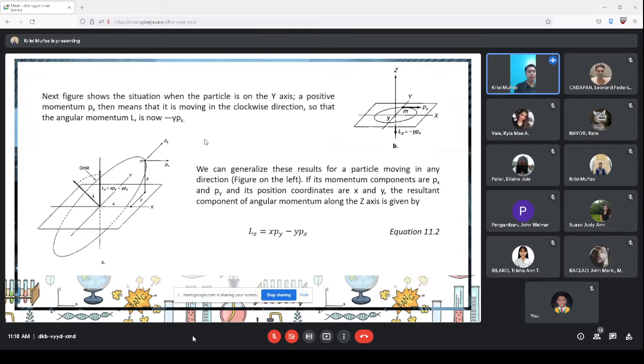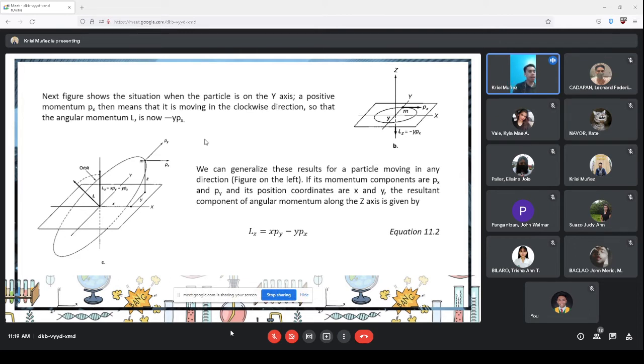When it is clockwise, obviously, our hand has the thumb down, for you to be able to curve your fingers following the clockwise direction of the revolution of the electron along the xy plane. You would see the thumb pointing down along the z-axis, and that is the direction of your angular momentum.